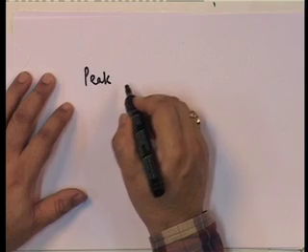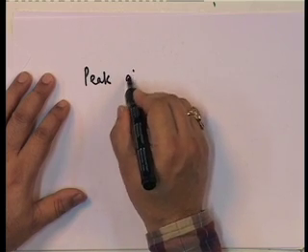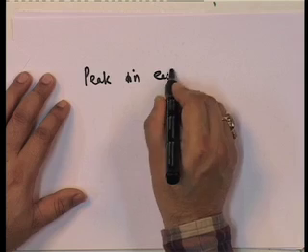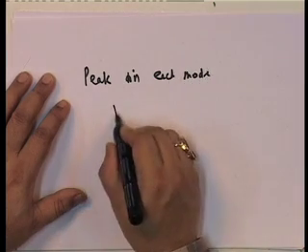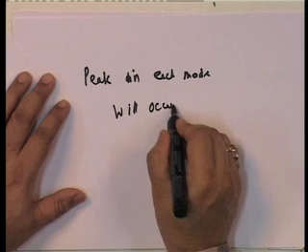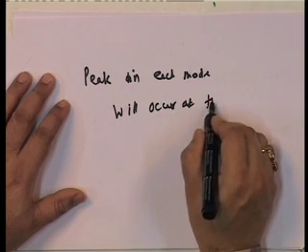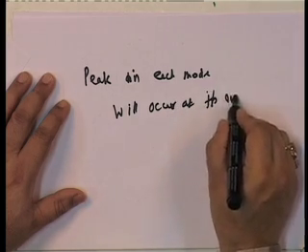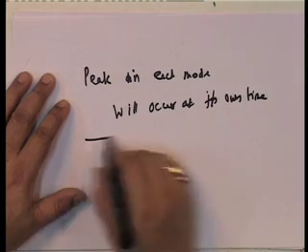The fundamental aspect is that the peaks, and this maximum value is nothing but the peak in each mode, will occur at its own time. They do not occur at the same time.